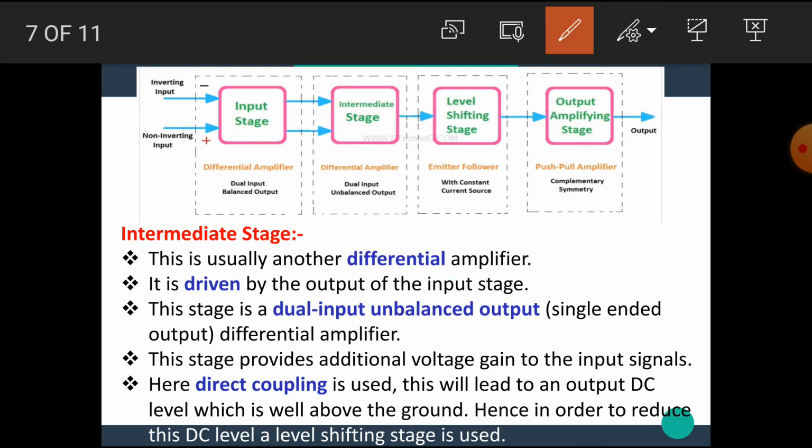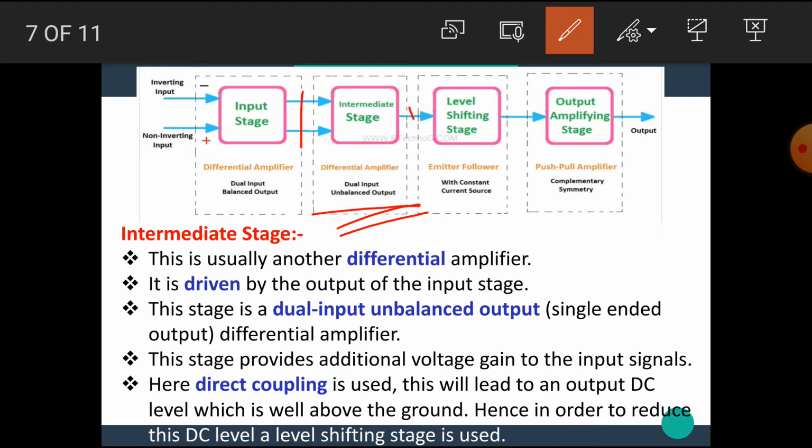That means this differential amplifier is similar to the input stage, except that the input stage has dual input balanced output, that means a two input two output structure. But in the second stage there are two inputs and a single output, hence it is called a dual input unbalanced output stage.